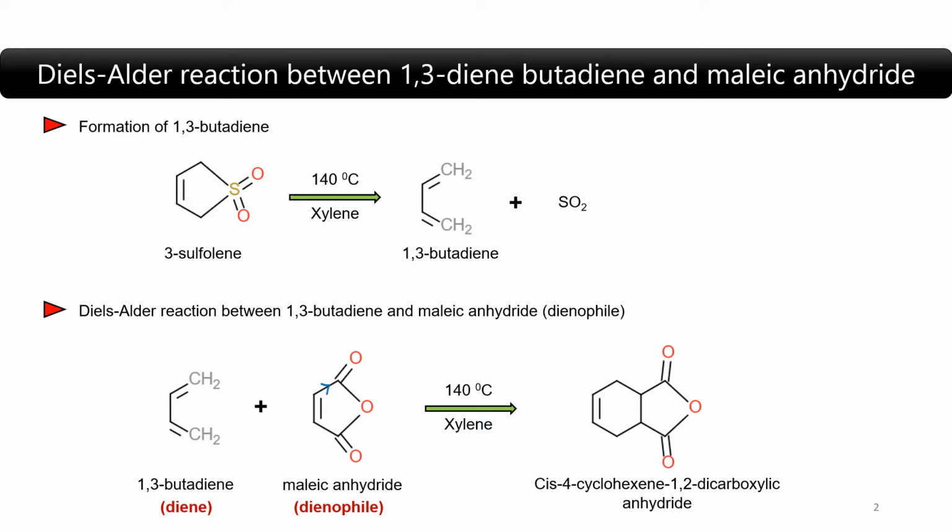That makes this double bond susceptible to a nucleophilic attack, which allows an electron flow, allowing two new sigma bonds to form between carbon atoms, and we end up with this complex cyclic compound.